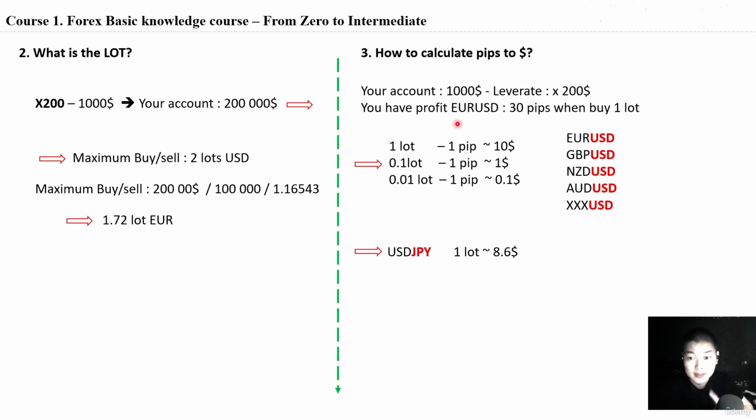You need to remember the exchange table: one lot will be equal to $10 if you have a profit of 1 pip. With 0.1 lot and a profit of 1 pip, you will have $1, and with 0.01 lot and a profit of 1 pip, you will have $0.1. If you're trading a currency whose main currency is USD, therefore, in this case, you will have the profit.